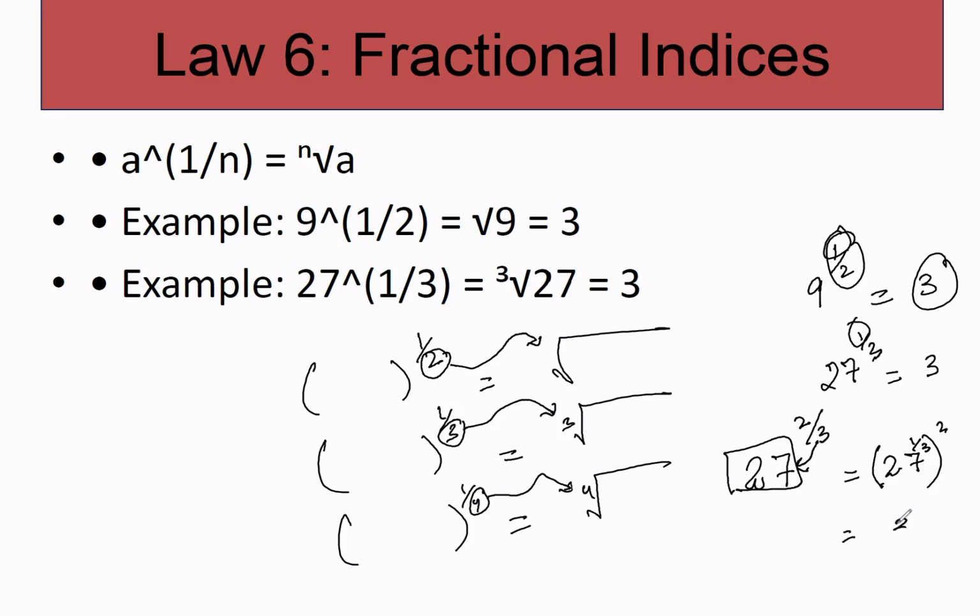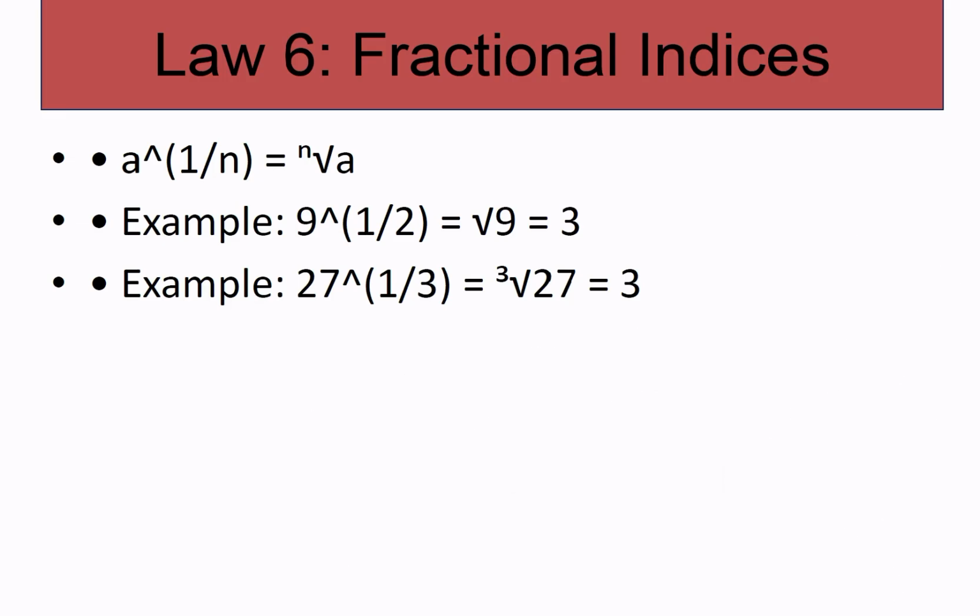The cube root of 27 is 3. And then the top number indicates what power you have to use after that. So you use it as a power of the answer. 3 squared is 9. Sometimes this also happens, which I already told you how to tackle.